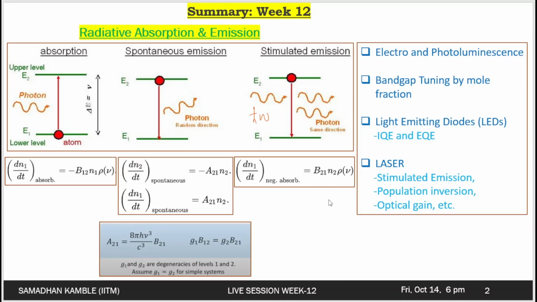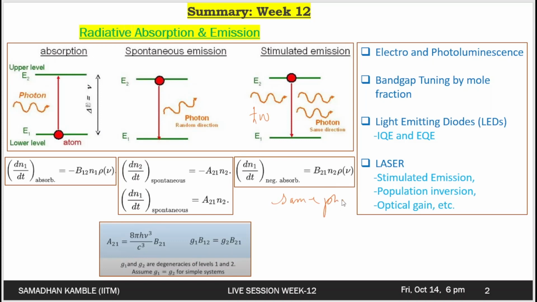So then when this photon is incident, it will cause the emission of a second photon, which is a coherent photon. What I mean by that is, the second photon that is emitted has the same phase and frequency as the incident photon.